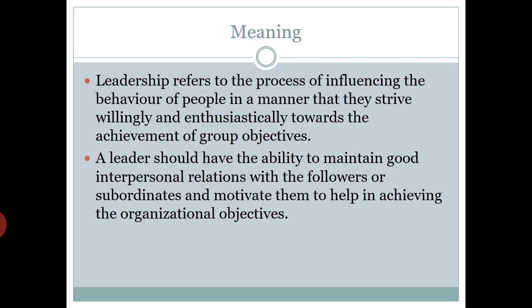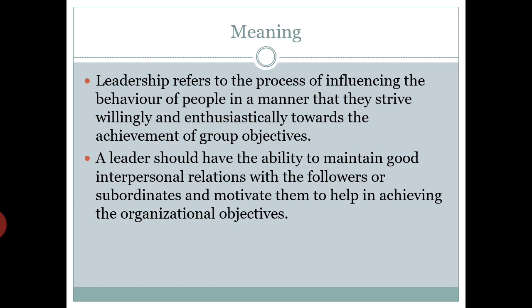With this ability itself, they influence the behavior of their followers. One person is the leader and the other people are their followers. The superior is the leader, and the subordinates are the people who work under the superior.